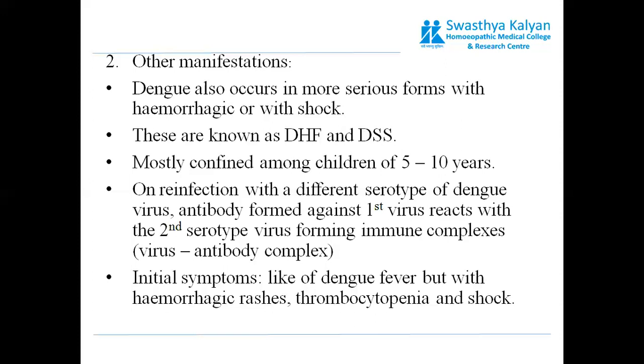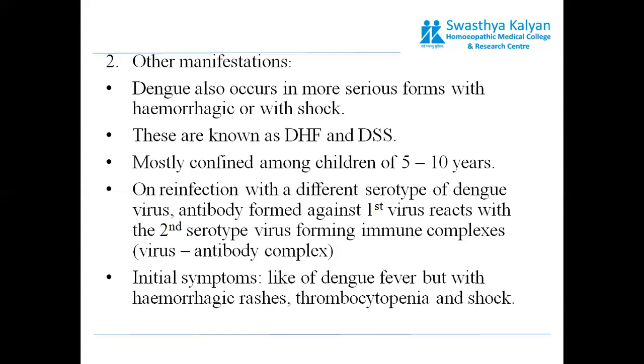On reinfection with a different serotype of dengue, how does this occur? What happens in it? On reinfection with a different serotype of dengue virus, antibody formed against the first virus will react with the second serotype, that is the second virus.